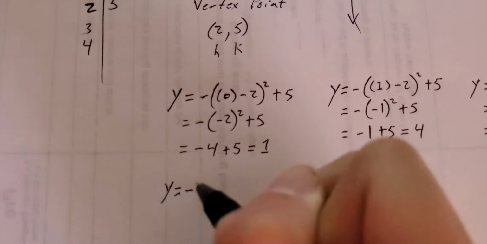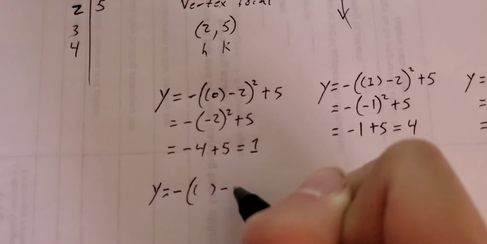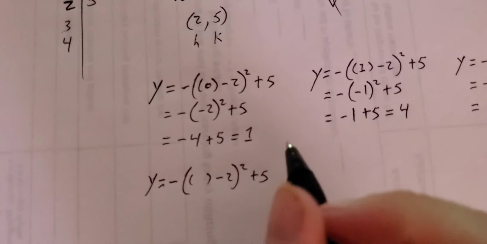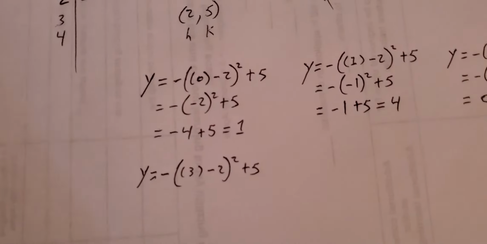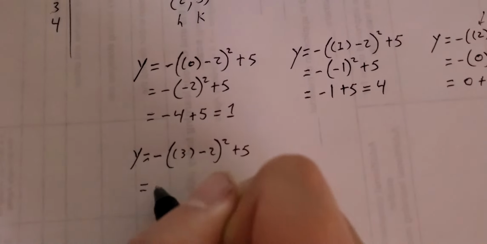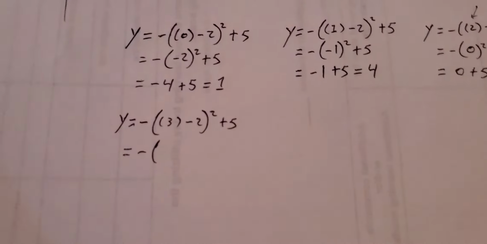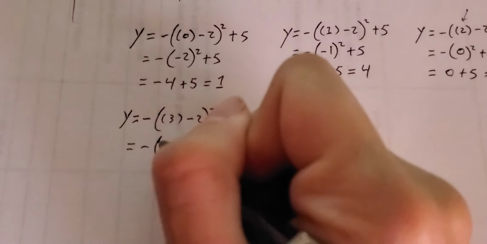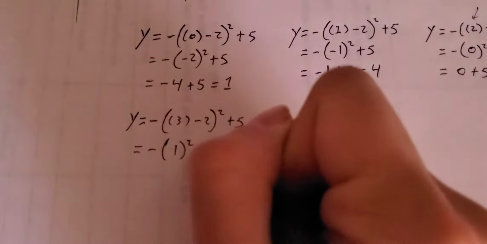At x equals 3, y equals, let's not forget our negative, parentheses, where I'm going to put my x value, minus 2, and then that squared plus 5. We said x was 3. So let's see what we get. Equals negative. Alright, continuing, 3 minus 2 gives me positive 1, squared, and then the plus 5.